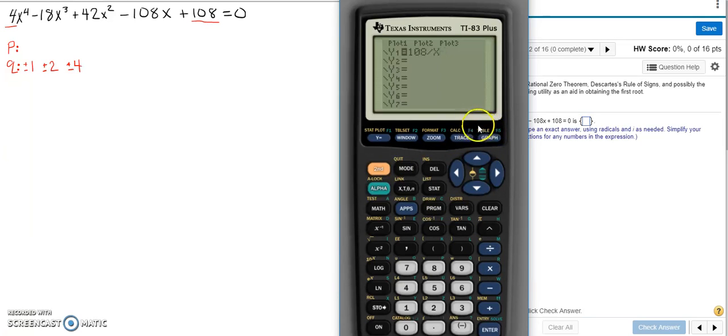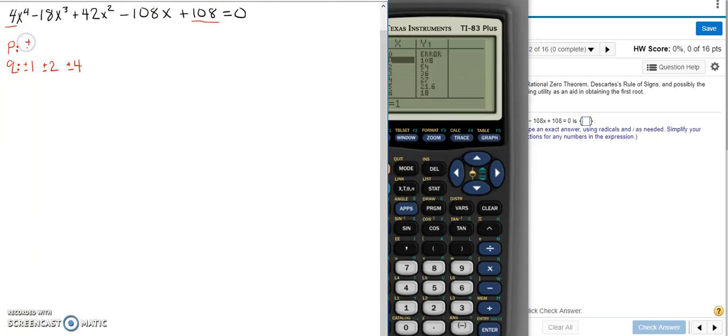I want the table. I'm going to hit second graph to get the table, and it gives me all the numbers that multiply to get 108. So that's a neat little trick that I like to use when it's a large number and I really don't feel like coming up with that whole list.